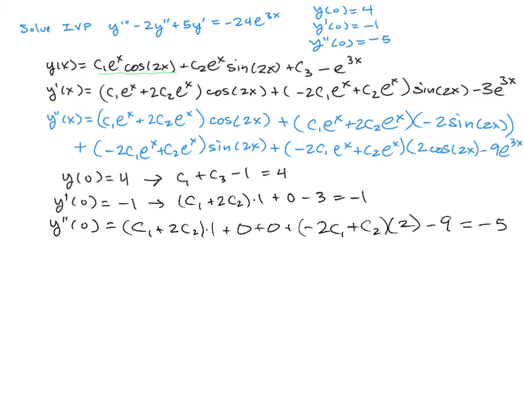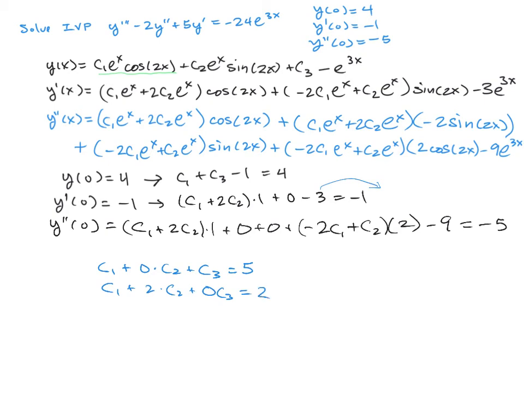So let's see what we actually have here. We have a c1 plus 0c2 plus c3, and if I bring that 1 over, that's equal to 5. The second equation says that c1 plus 2c2 plus 0c3 is equal to 2, when I bring that -3 over by adding 3 to both sides.